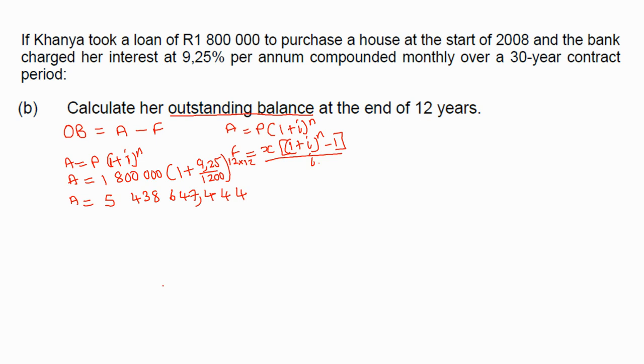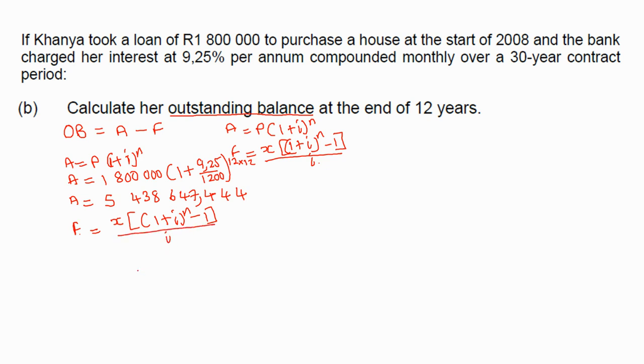Now let's do the second part. We're going to find our F, and for F, we're going to use the future value annuity formula, which is F is equal to x times ((1 plus i) to the power n, minus 1) over i.